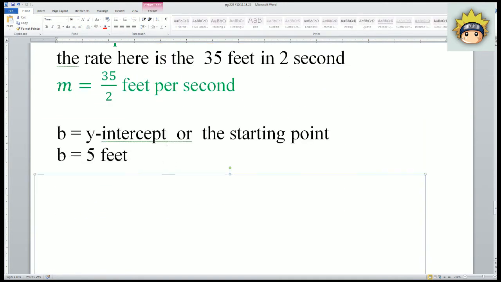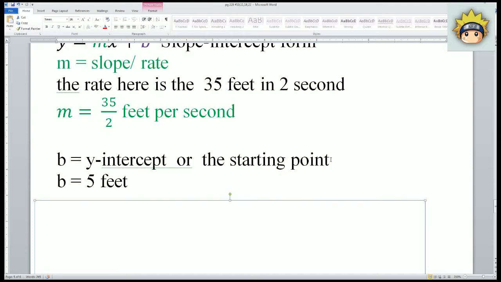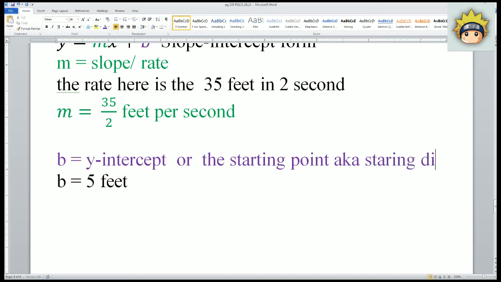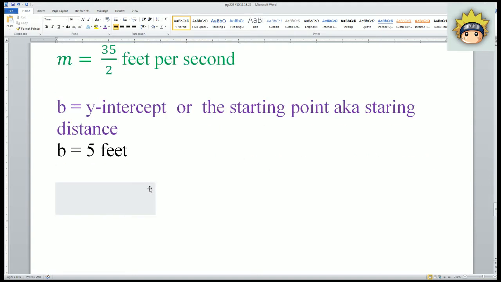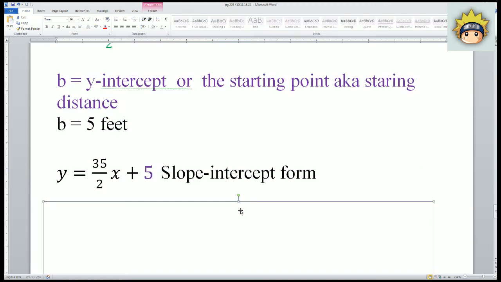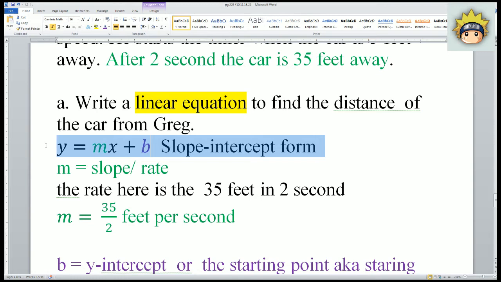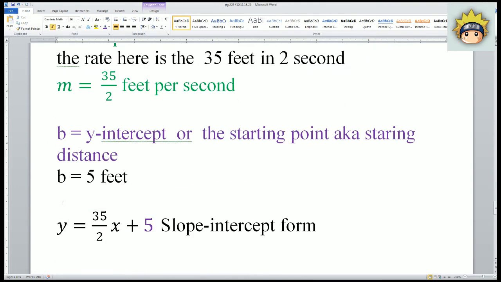After I found my rate, I want to find my y-intercept. Another way you want to think about the y-intercept is it's like a starting point. You know how you start at the y-intercept. Here, it's your starting point, or aka your starting distance, which is going to be 5 feet. Here, y equals mx plus b, slope-intercept form, but I already made that substitution.